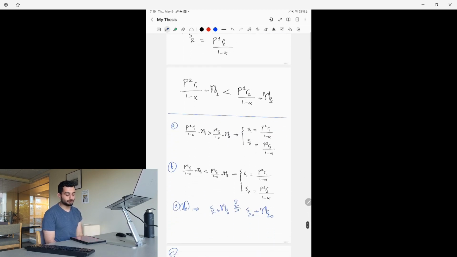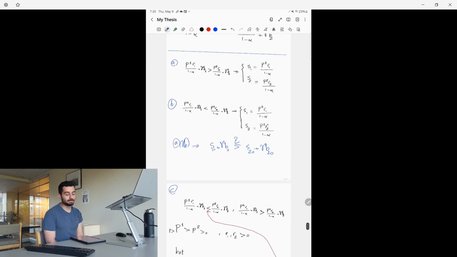So we have situation A, we have situation B, and A intersection B requires, depends on initial state.